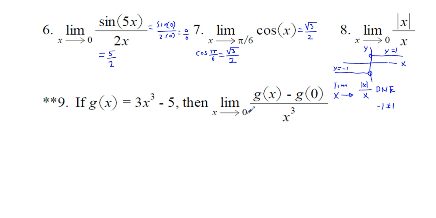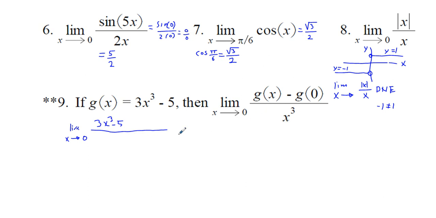then limit as x approaches 0 of g of x minus g of 0 over x to the third power equals what? What we're going to have here, I'm just going to write the limit down here, limit as x approaches 0 of g of x, which is going to be 3x cubed minus 5.